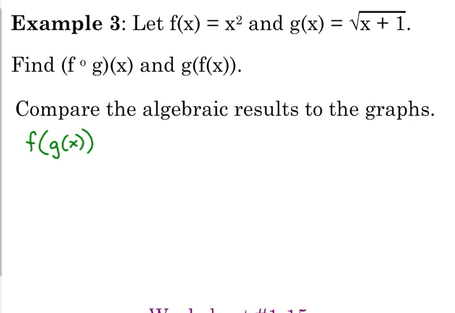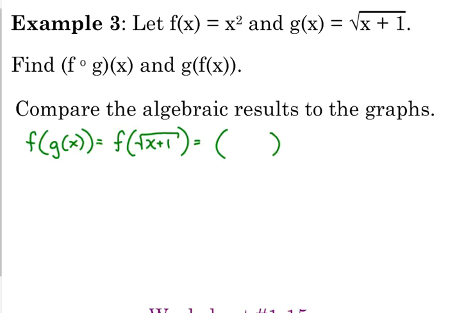Now, this is the way that I like to do it personally. It helps me visualize. What I do is I replace g of x right there with its function, the square root of x plus 1. So then I know that I am taking that, just like I would take a number and plug it in everywhere I see x in my f function, I'm just going to plug in that expression.